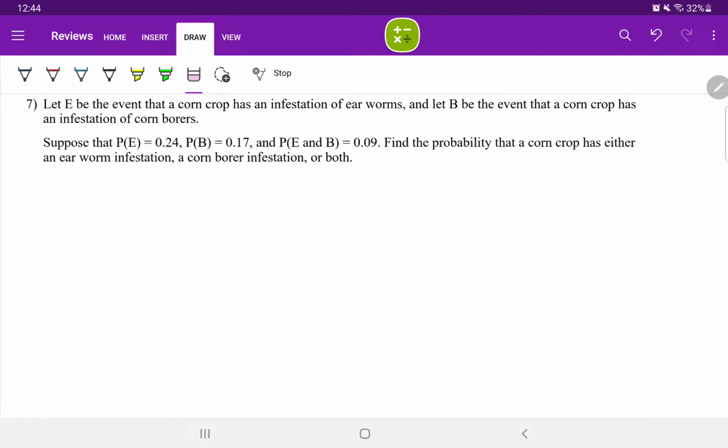Suppose that the probability of E is 0.24, the probability of B is 0.17, and the probability of E and B is 0.09. Find the probability that a corn crop has either an earworm infestation, a corn borer infestation, or both.